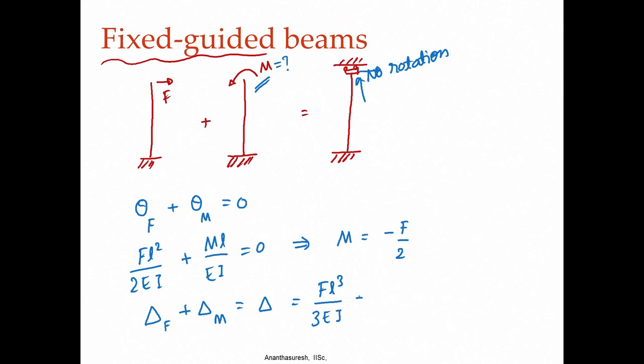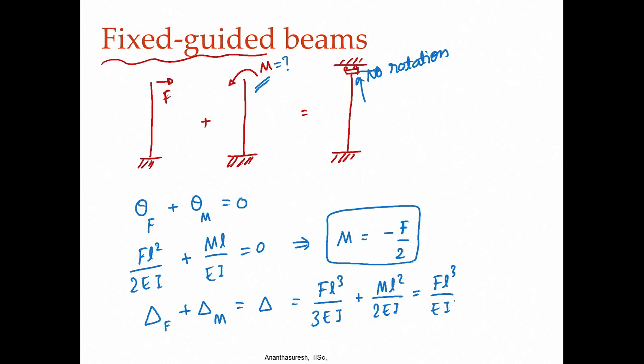So, plus ML square by 2EI, again 1, 2, 2, 3, 6, 8 formula. Noting that M is equal to minus FL by 2, I can take FL cube by EI, that will be there for any beam by the way, and that will give me 1 by 3 here, and then M is minus half times FL we have taken out.